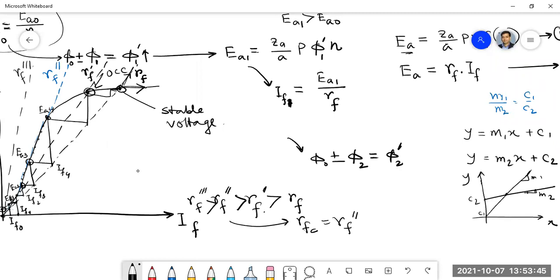So here we are changing just one line. This particular line we are changing by changing this particular value, that is the field resistance. Okay, এই ভ্যালুটা চেঞ্জ করে করে আমরা এই লাইনটাকে চেঞ্জ করছি, keeping the OCC same. Okay, so let me know if you have any doubt.